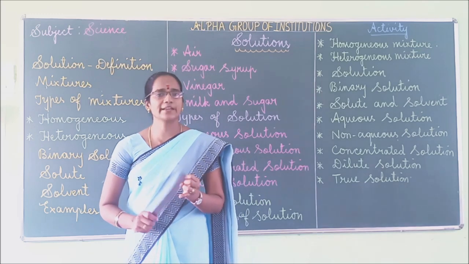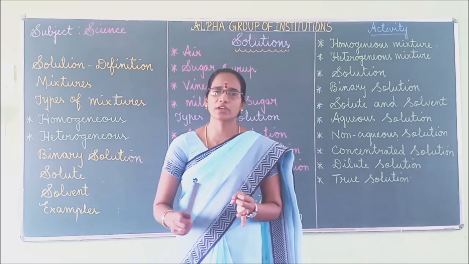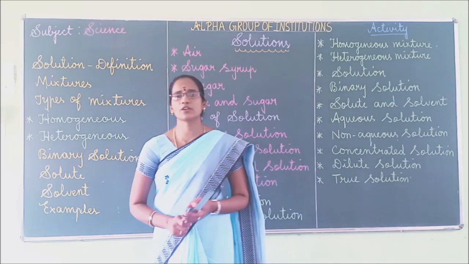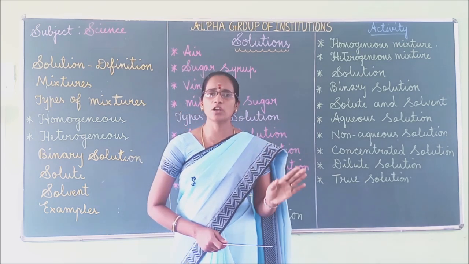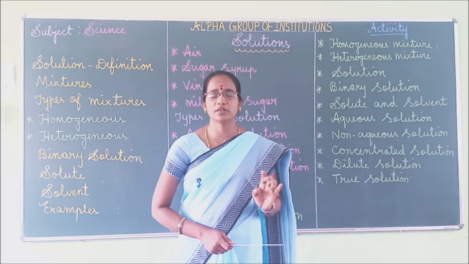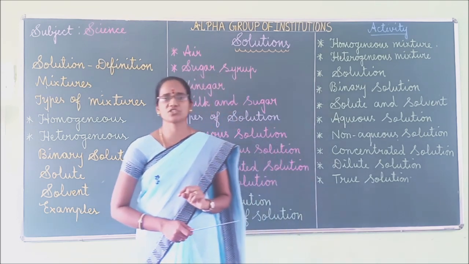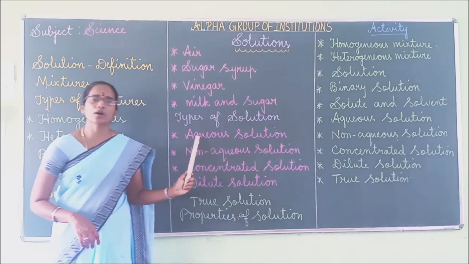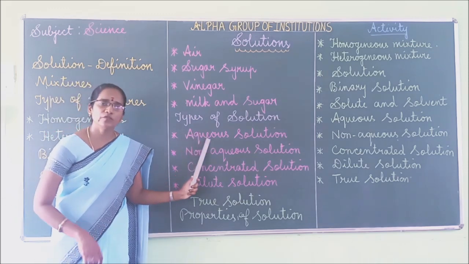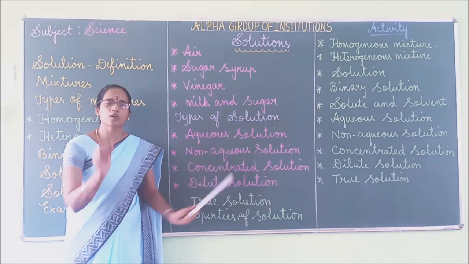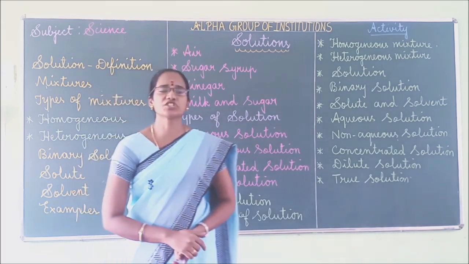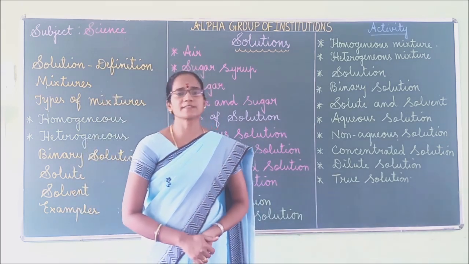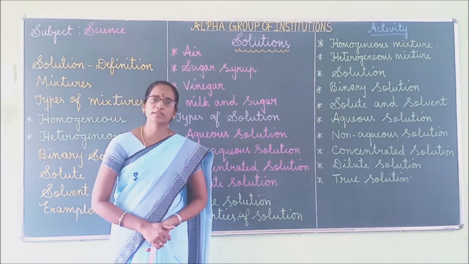Common salt we use in our day-to-day life. Sugar we also use. Copper sulphate is used in the laboratory. All these things dissolve very well in water, so that is called the aqueous solution. Aqueous solution means the solution in which water acts as a solvent. Underline this word. This is very important.